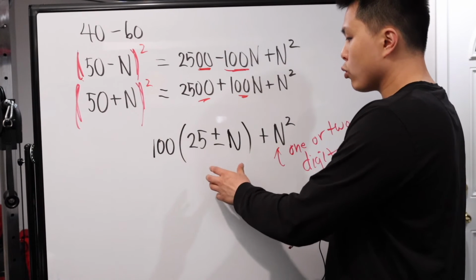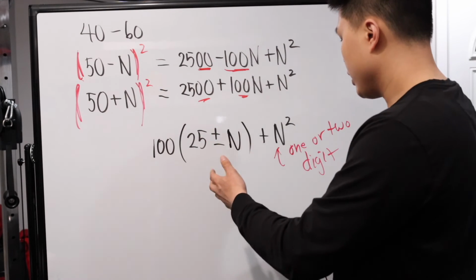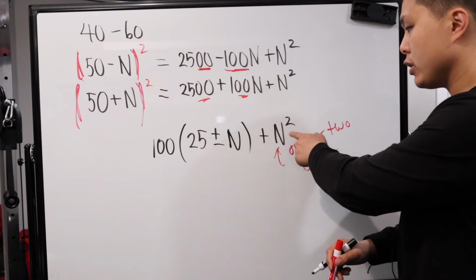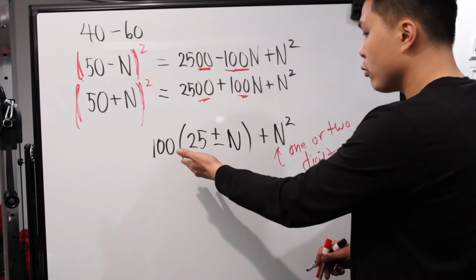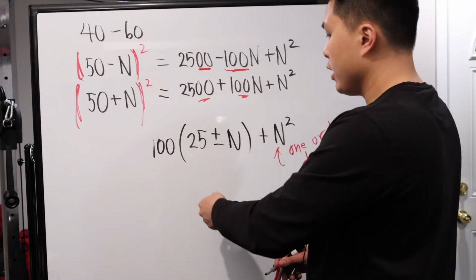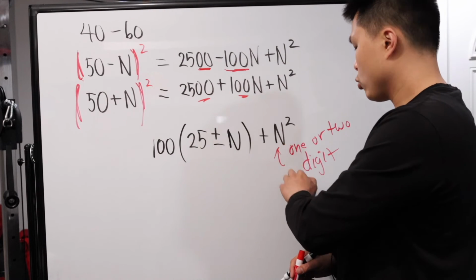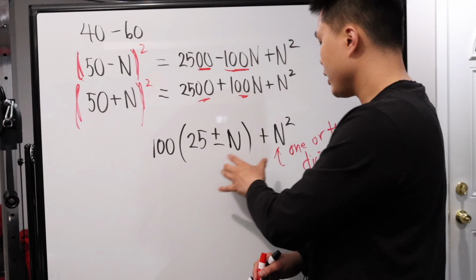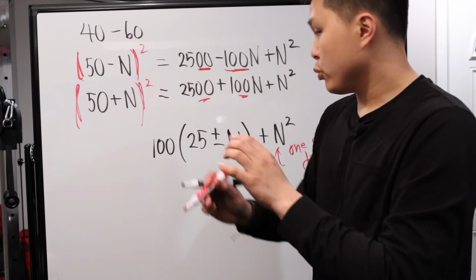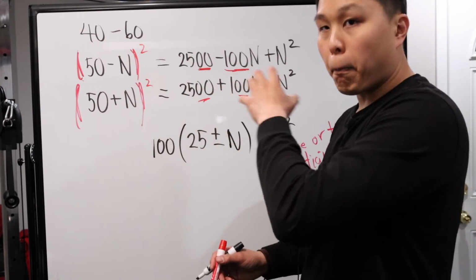And therefore, that's why when you have that 25 plus something, if it's over 50, and then you add that 1 or 2 digit something squared, the n squared, you will get the answer. Same thing with the minus. If it's less than 50, then it's going to be 25 minus something plus the something squared. And once again, that something squared is still just going to be 1 to 2 digits. And the 100 guarantees that they don't mash with each other. So it's always going to be the two ending parts. That's why you put it at the end.